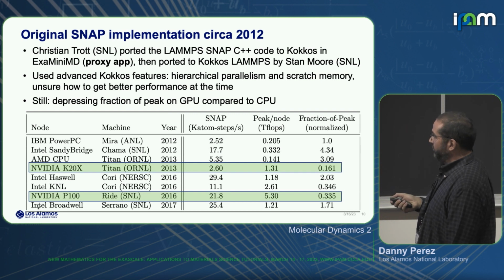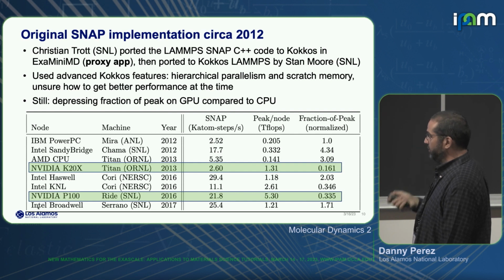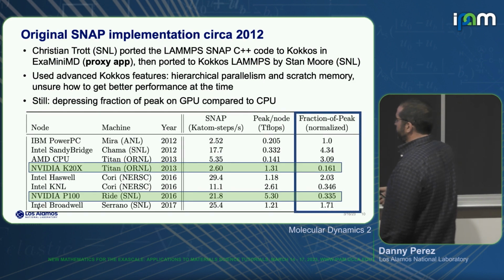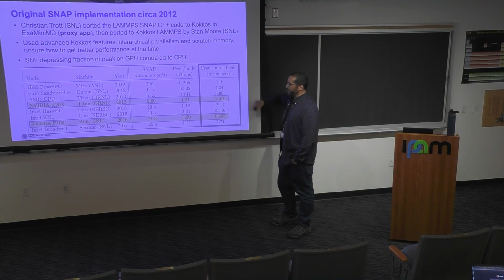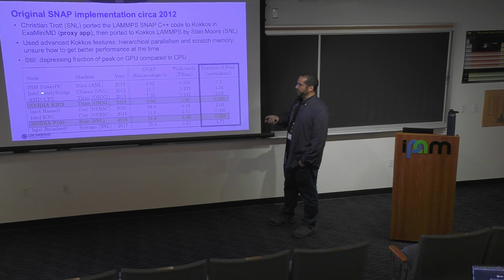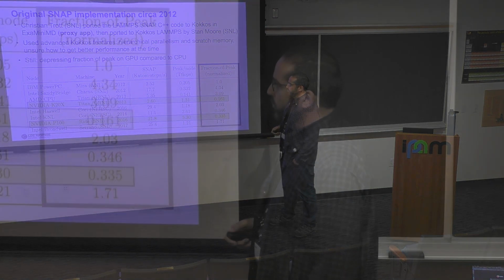At the time, that was the state of the art. An interesting exercise is to ask how well this code performs on different architectures. You have different machines that came up as a function of time, and the key number to look at here is this normalized performance. Arbitrarily, for this first machine, this IBM machine, we decided that ratio was 1.